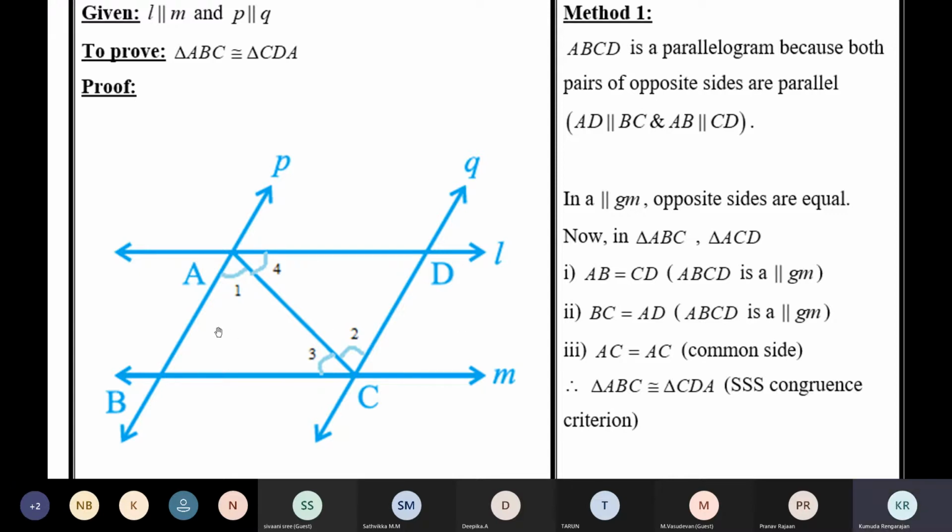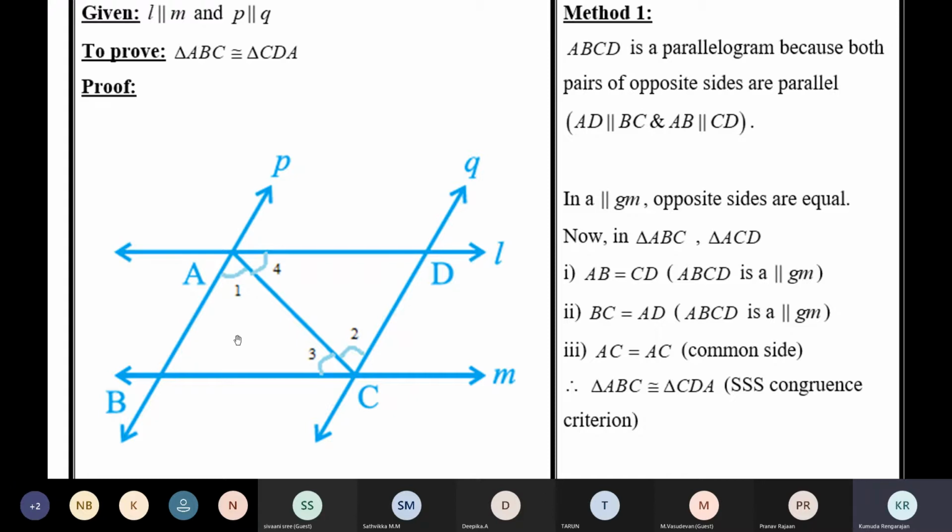Again, BC of the first triangle. See, that's important. We are not just writing some three equalities. One side or one angle of the first triangle is equal to one side or one angle respectively of the second triangle. Simply writing something equal to something will not become valid steps here.